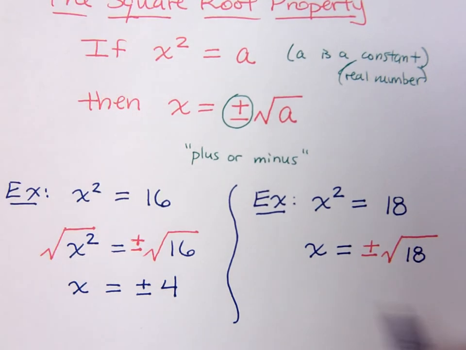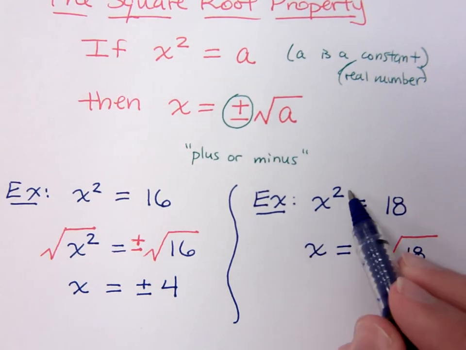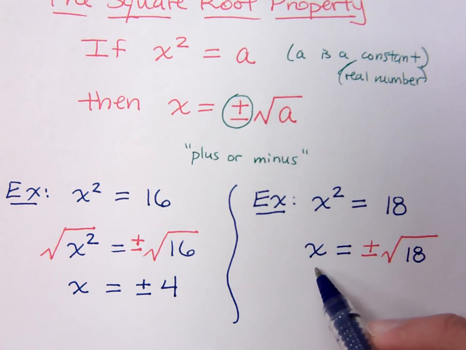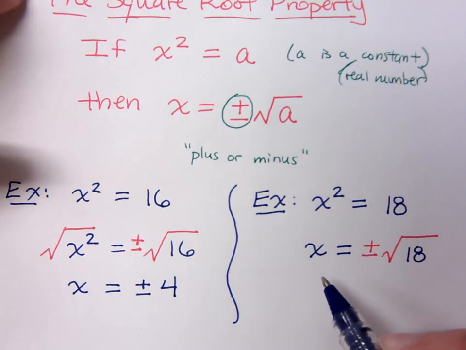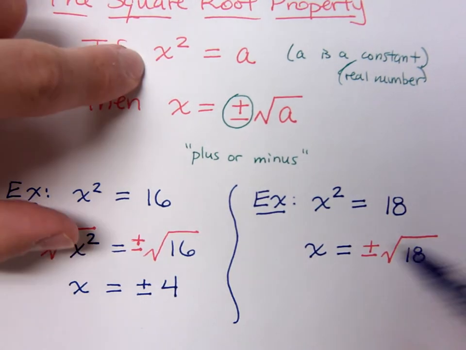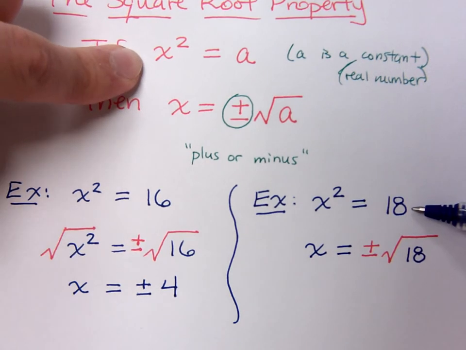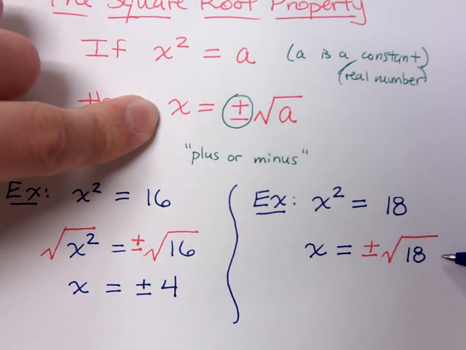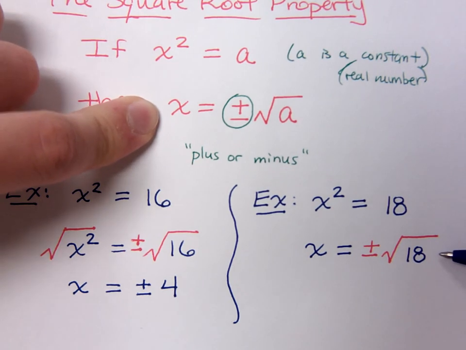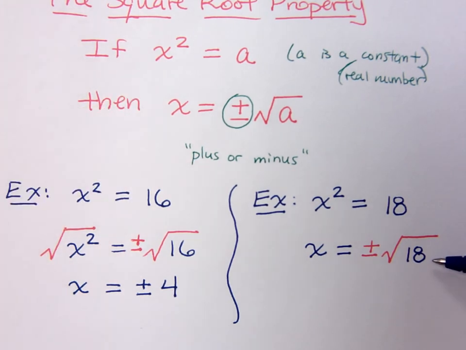So I could have put the square root over here, so the square root of x squared is equal to x, but I just went ahead and did exactly what the square root property says. If x squared equals a number, then your x is going to be plus or minus the square root of that number.